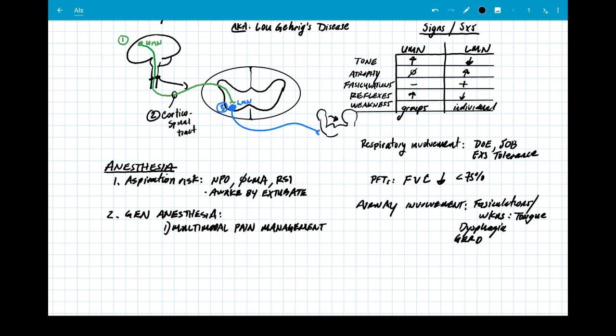What I mean is decrease the amount of opioids that you use so that you don't further decrease respiratory drive. And while we're talking about that, I would limit the amount of benzos as well for the same reason.